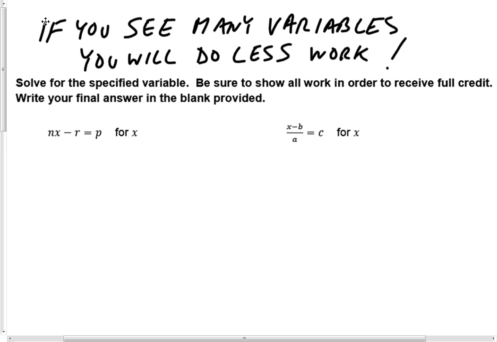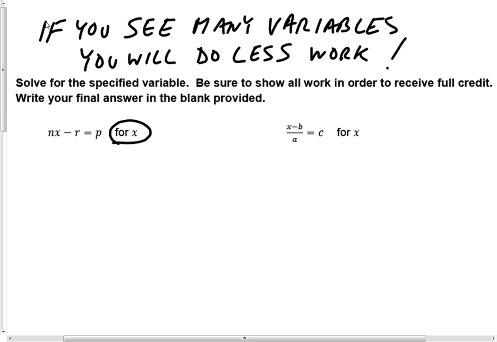All that means is that you're going to end up doing less work. You still follow the same rules, but you can't really do anything with the letters because they're not like terms, so you end up just going through the motions of the steps.